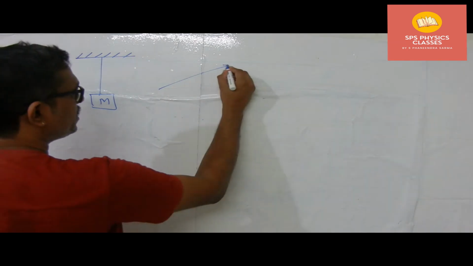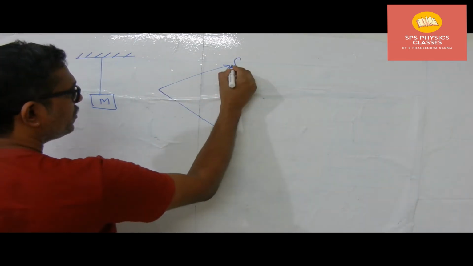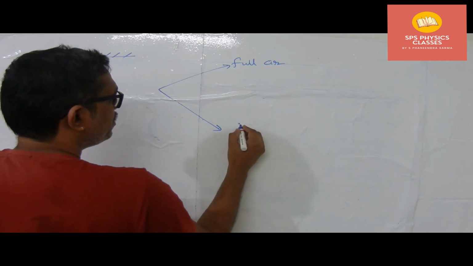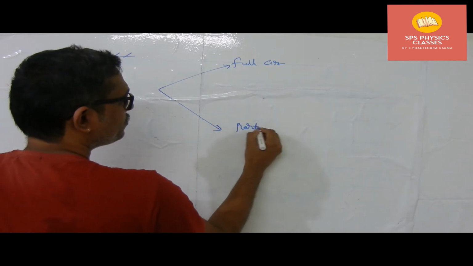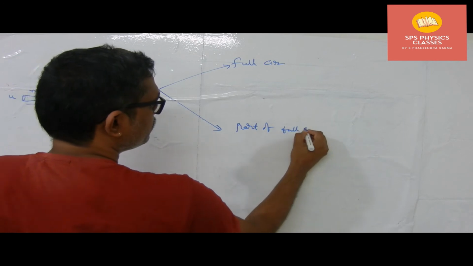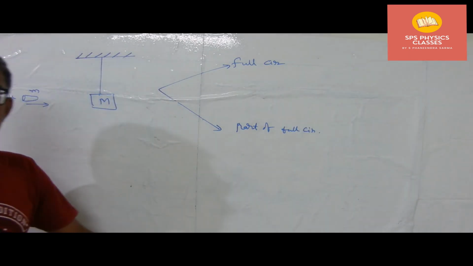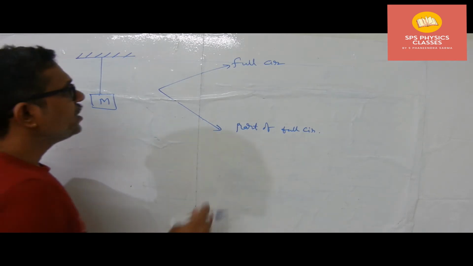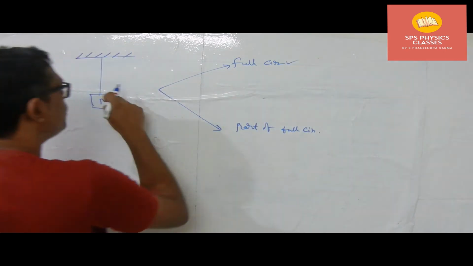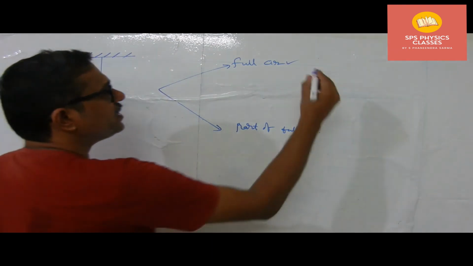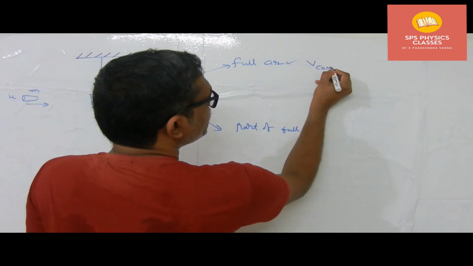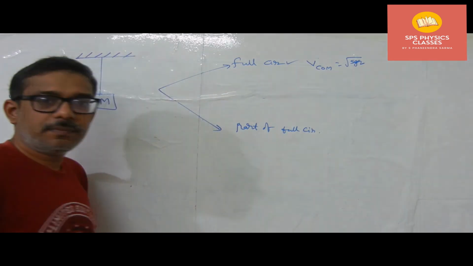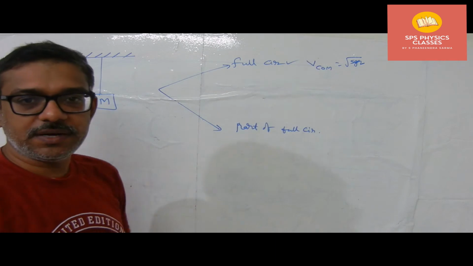First situation is a full circle and second one is part of a full circle. In the two situations, how to solve this particular puzzle? If the full circle is observed for the motion, then the combined speed should be equal to root of 5gr, because at the bottom of the vertical circle, this is the speed.